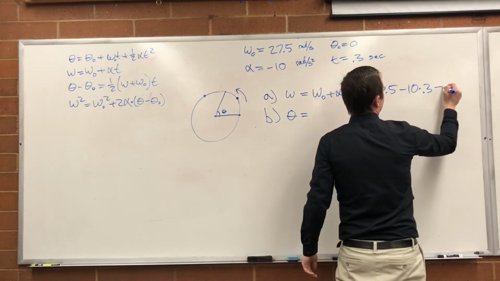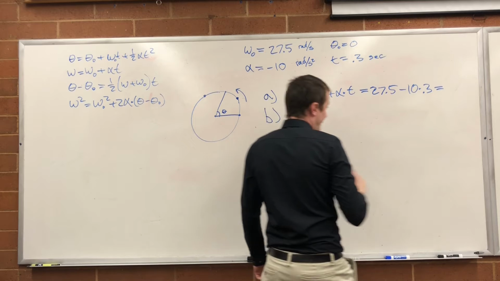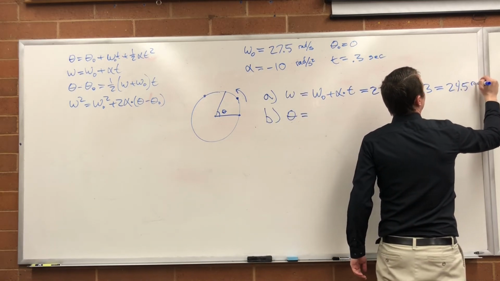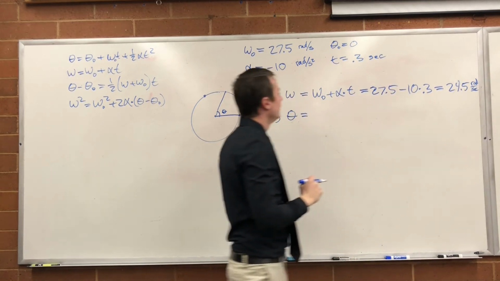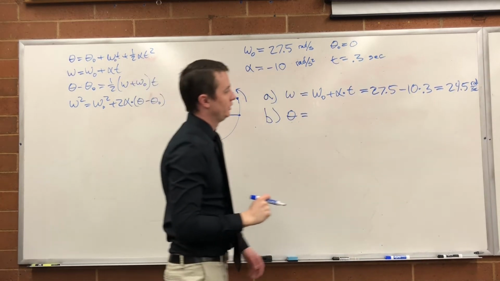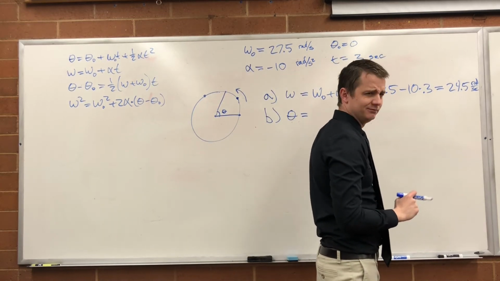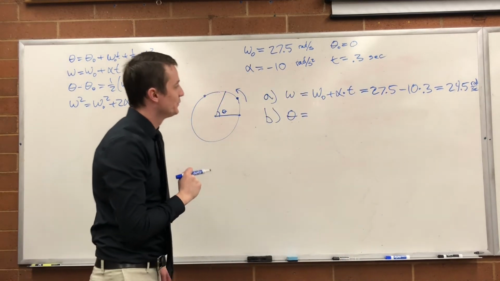Which is going to be what? Like 24.2? 24.5. Oh, yeah. Radians per second. Subtracting 3, right? What's 0.3 times 10? Oh, never mind, you're right. Okay.